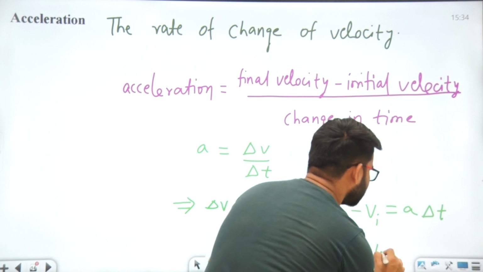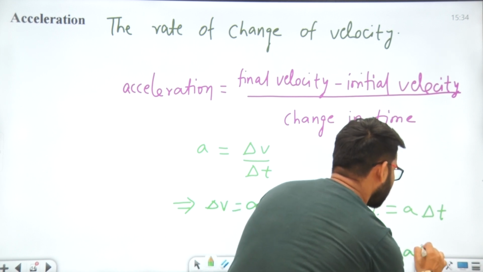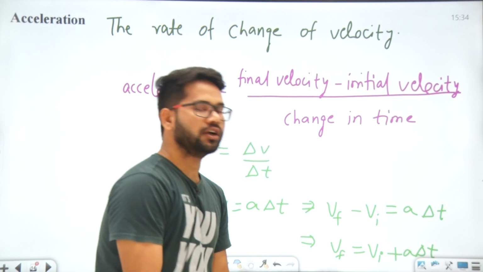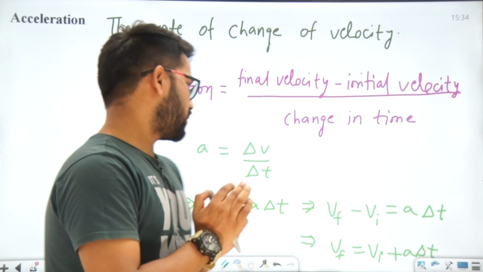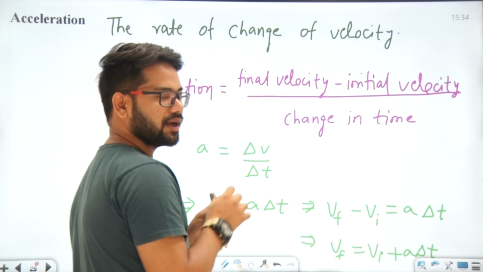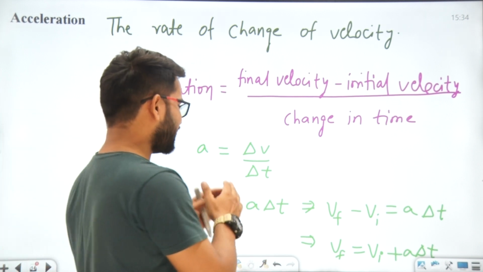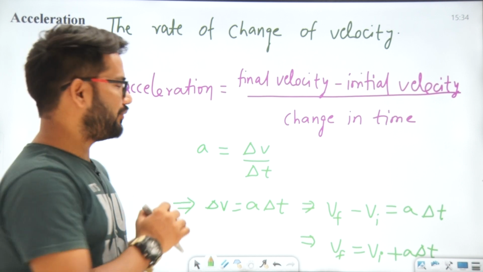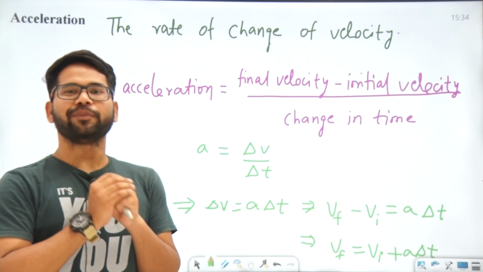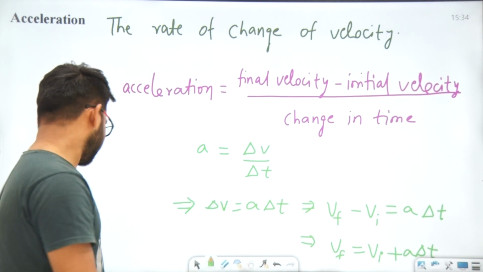Vf will be initial velocity plus a delta t. So when a body gets accelerated, the final velocity will be Vf equals Vi plus a delta t.